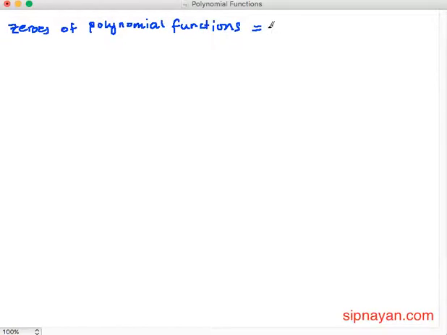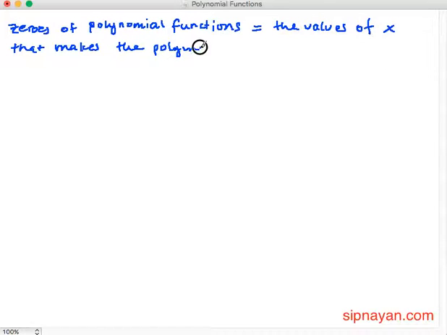These are the values of x that make the polynomial function f of x equal to 0. So, ano ba yung mga values ng x such that the value of the function is 0?